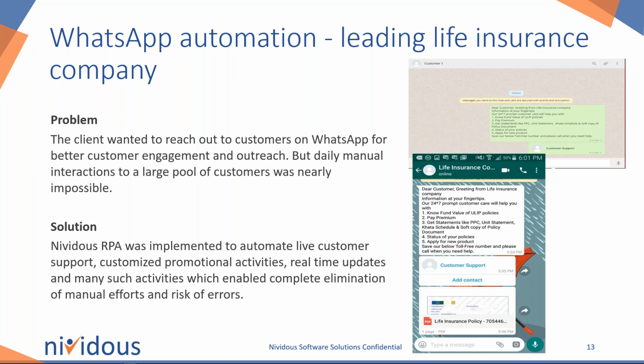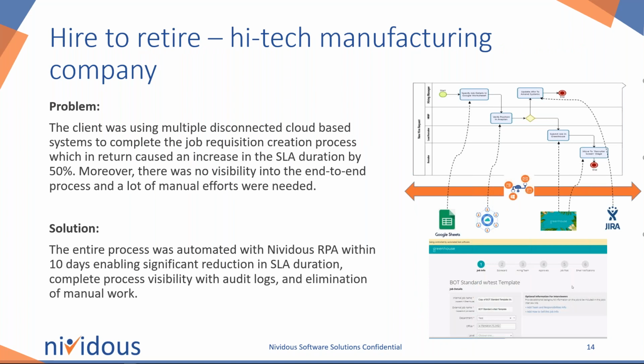And then the last one we're going to talk about, this is a manufacturing company that as part of their hiring process, they were using lots of different systems that were not connected to each other. And the reason why they weren't connected is they were all cloud-based solutions. And so there was no good way to connect them. So we connected them all using RPA.